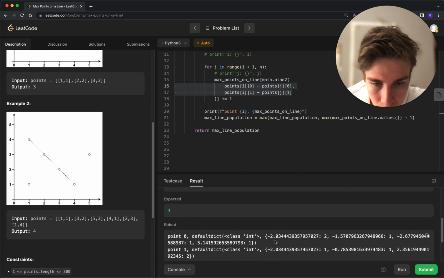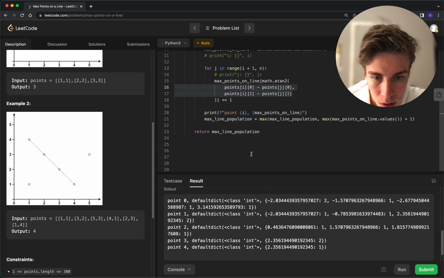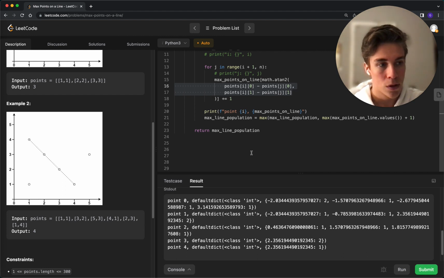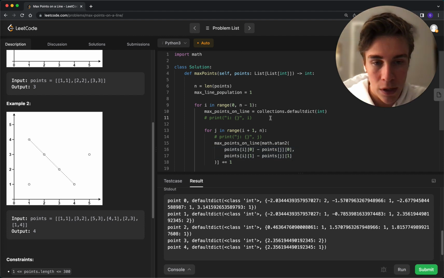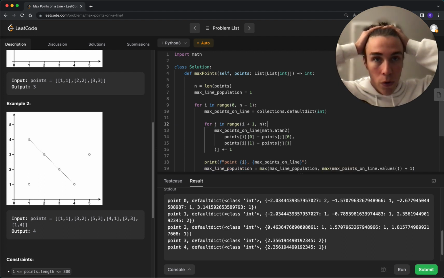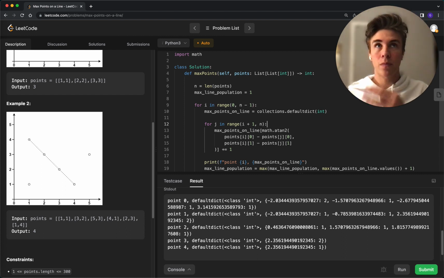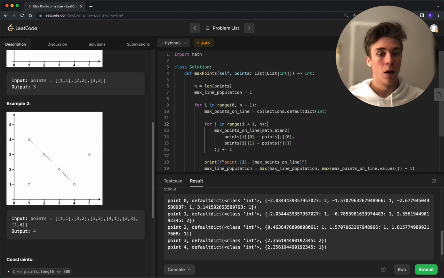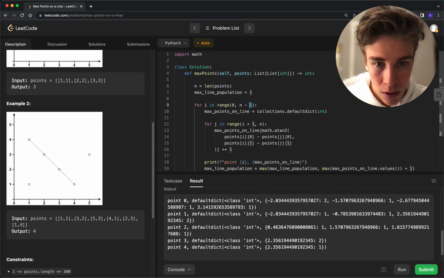Why am I only seeing 4 points? I'm only seeing 4 points because of the way that I've set up this loop. I've set up this loop to only check for all the... I know what I did wrong, basically.